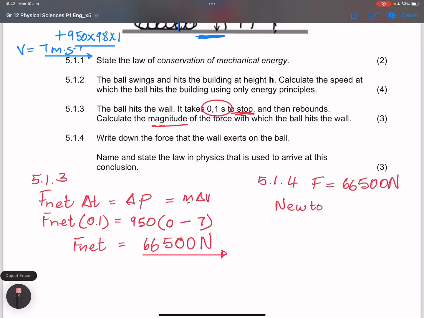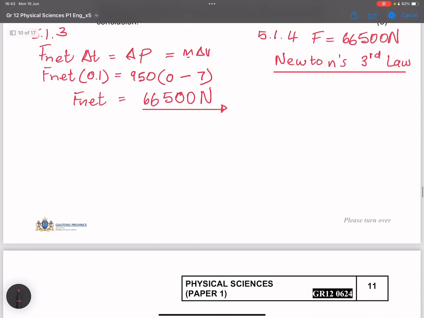Okay, and note in this case, that's Newton's third law, and we said if body A exerts a force on body B, then body B will exert an equal but opposite force on body A. Now, they said state the law in physics that is used to arrive at this conclusion. So you'd have to state that in full words. Okay, right, and that is really how we get to that.